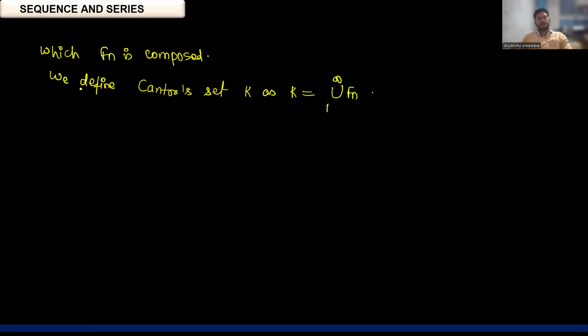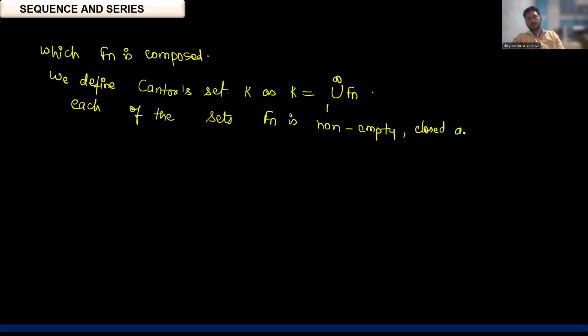Okay, so each of the sets Fn is non-empty, closed and bounded. So these are the kind of Cantor set. Okay, so hopefully you understand this.